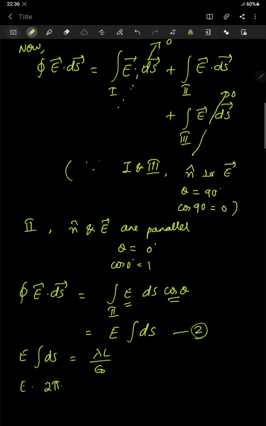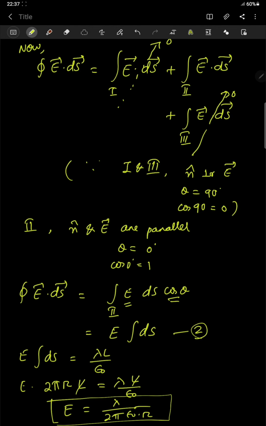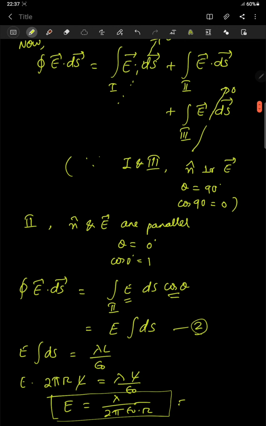It will be 2 pi r, where r is the radius of the cylinder, into L which we have taken, equals lambda L by epsilon naught. So L gets cancelled out. E will be how much? It will be lambda by 2 pi epsilon naught into R. Okay, so this is the expression for the electric field. Is it clear? From this, what conclusion can we make? E is inversely proportional to R.